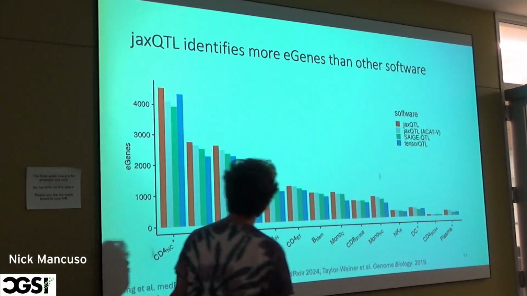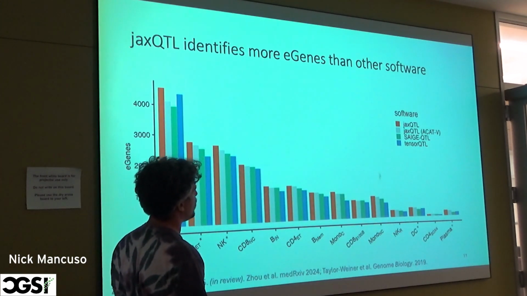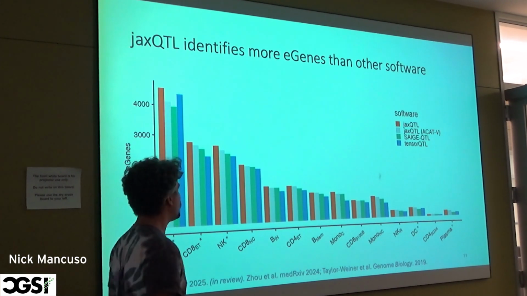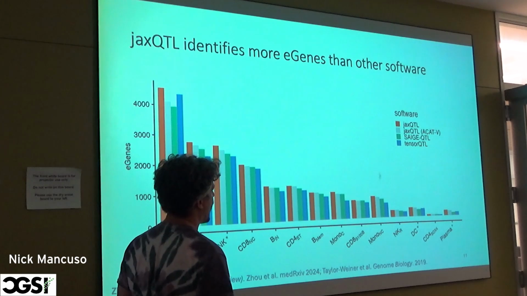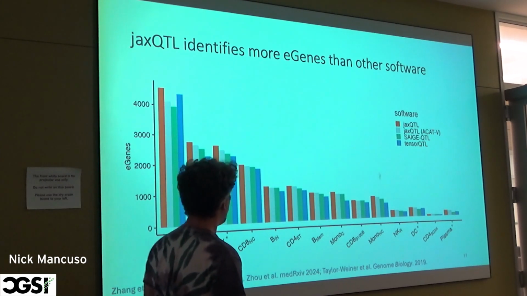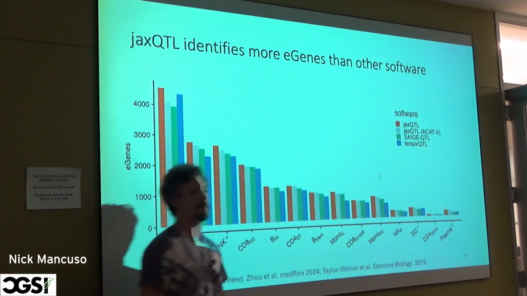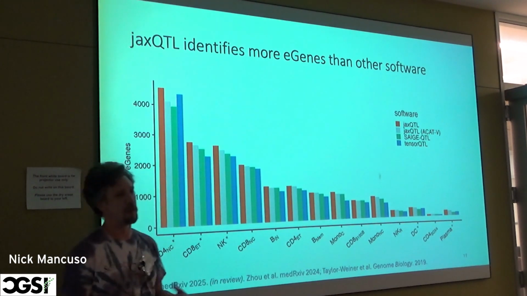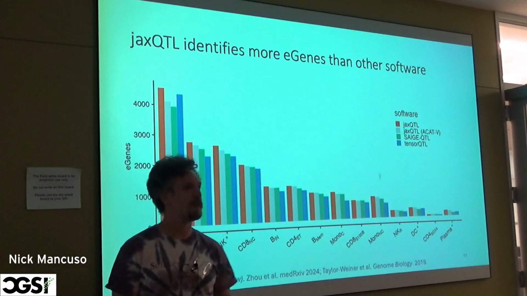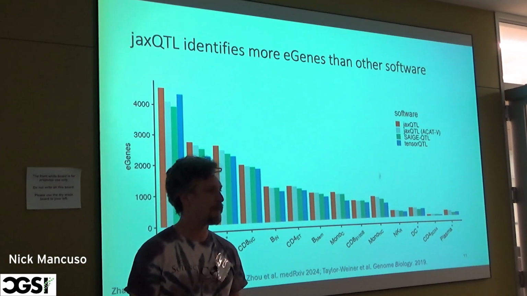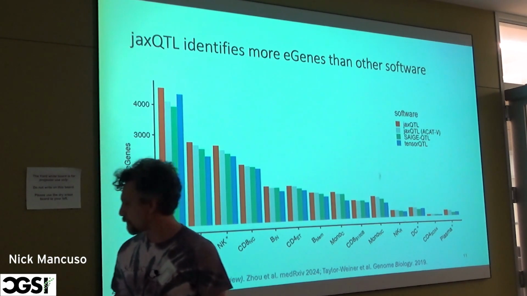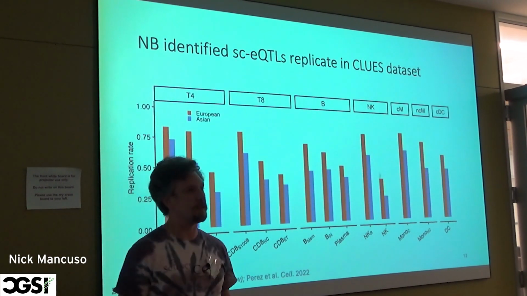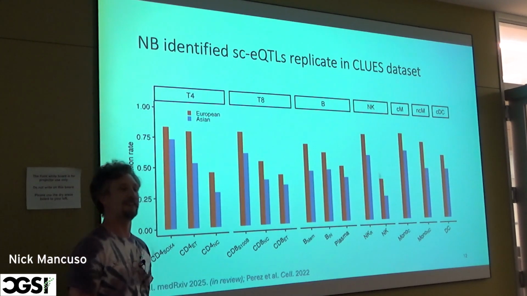But the big picture here is that JAX-QTL and CGSI find a similar number of E genes across the board. We outperform the linear model, especially as data gets more and more sparse. And this is due to the fact that when cell types get more and more rare, you have fewer and fewer counts, and that log transform is potentially going to take a power hit. Okay. So great, we have a bigger number.